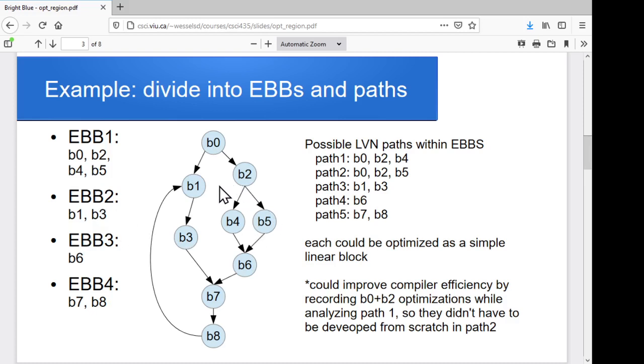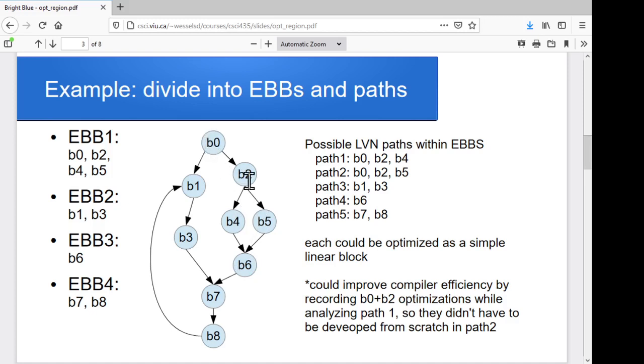Then we'll take a look at what we can do within them. Within these, we're just looking for the possible linear paths. For B1, B3, it's pretty obvious: we've just got the one path, B1, B3. Same thing for B7, B8: just the one path. B6 is a thing by itself, so there's not much to do there. The interesting one here is the combination B0, B2, B4, B5. We've got 2 possible paths here.